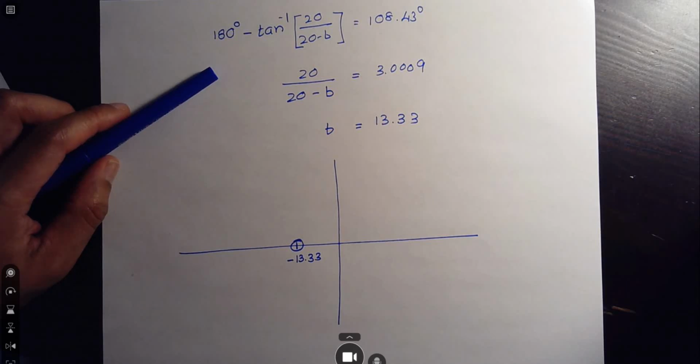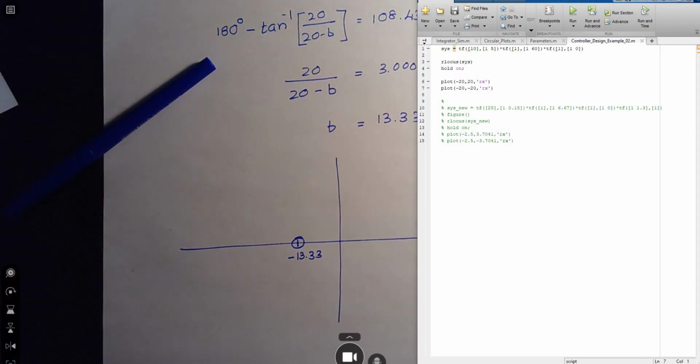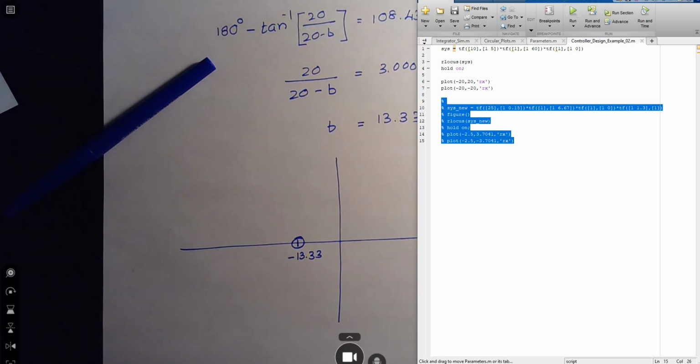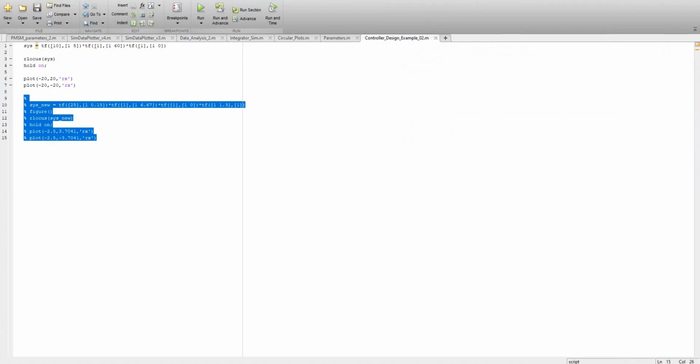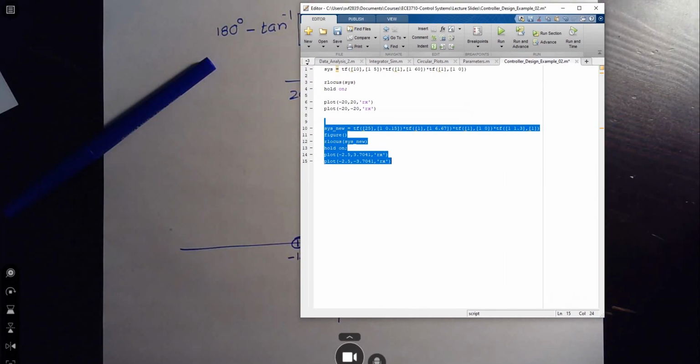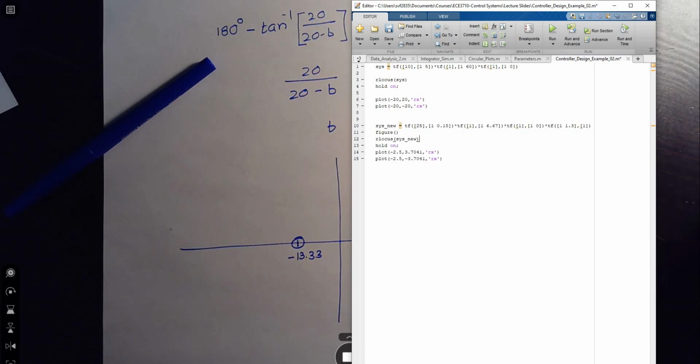We're going to go to our code here and create or update our transfer function. I can't find the uncomment button, there should be one. There we go. So we have the same system.